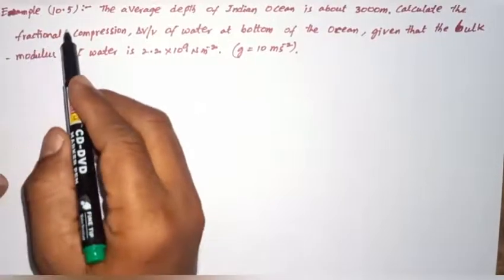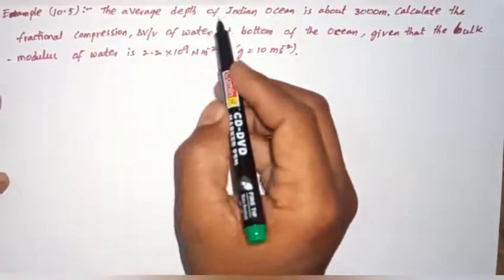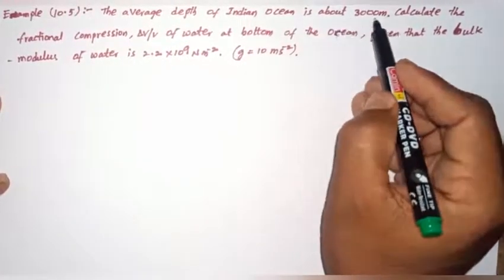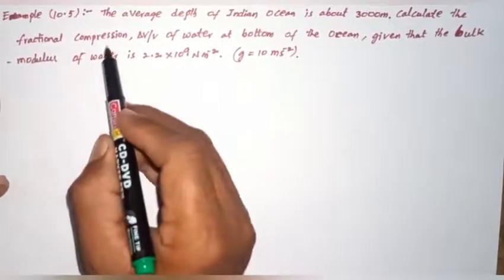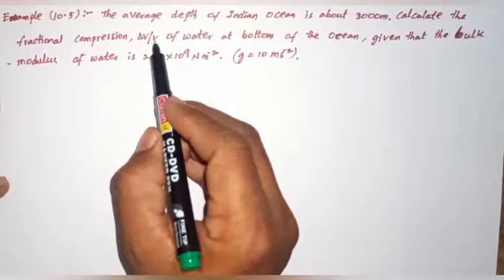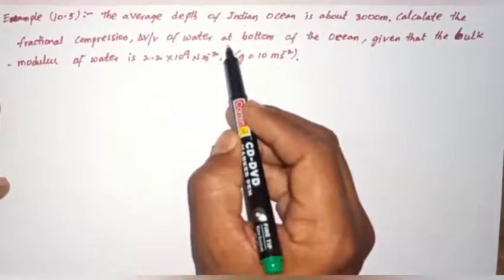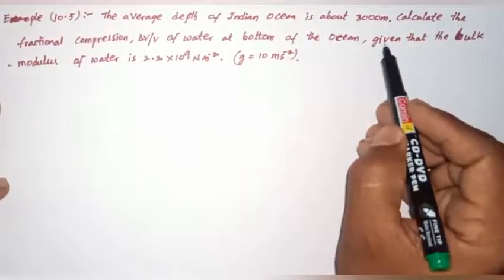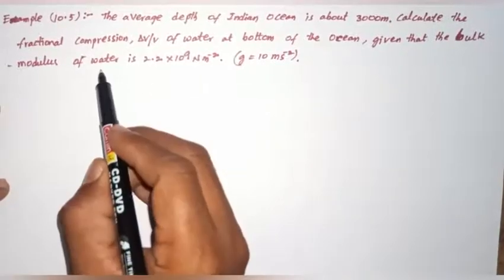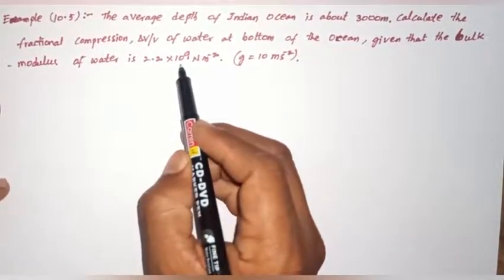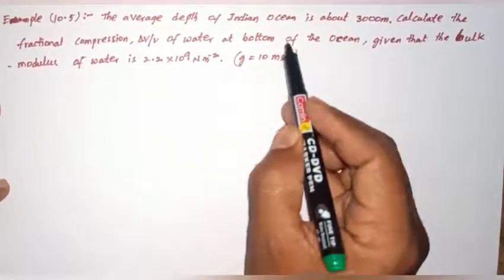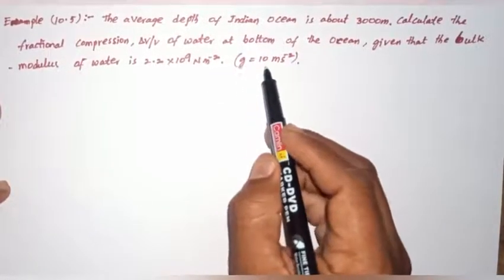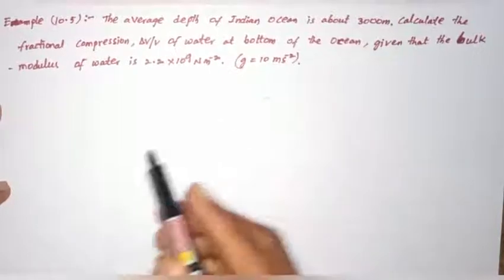Next, example number 10.5. The average depth of the Indian Ocean is about 3000 meters. Calculate the fractional compression delta V by V of water at the bottom of the ocean, given that the bulk modulus of water is 2.2 into 10 to the power of 9 newton per meter square and acceleration due to gravity is taken as g equals 10 meter per second square.